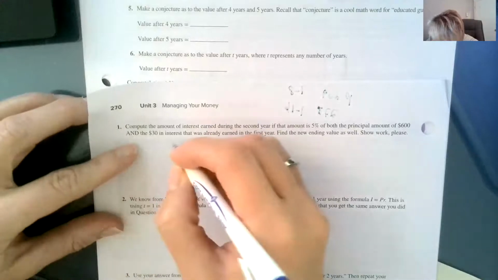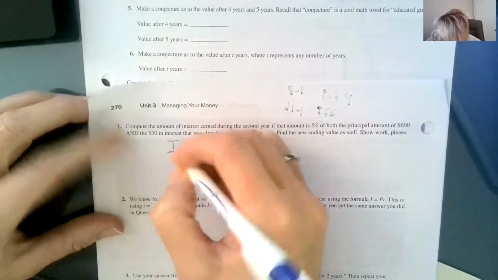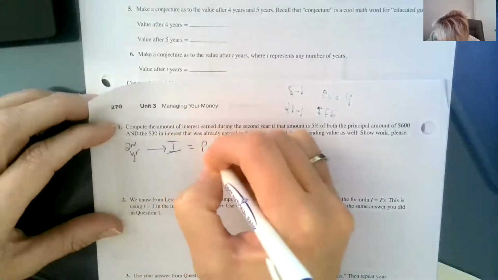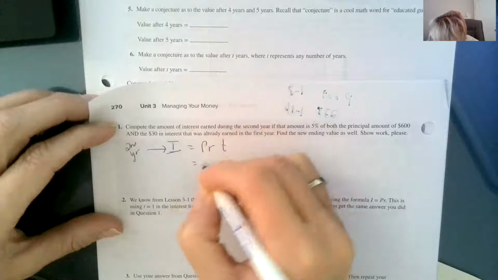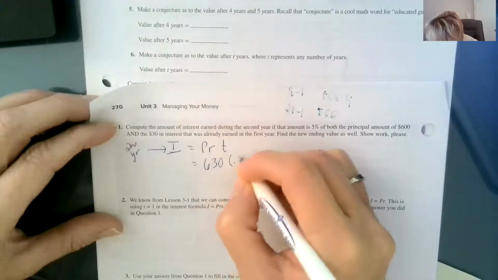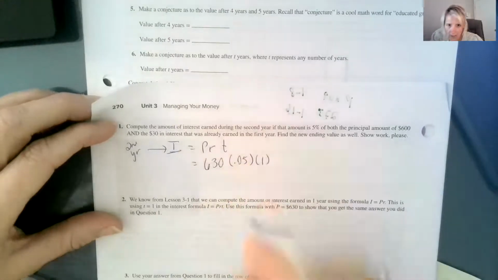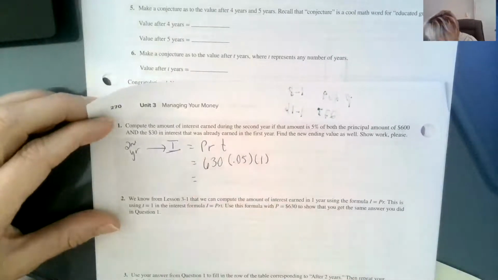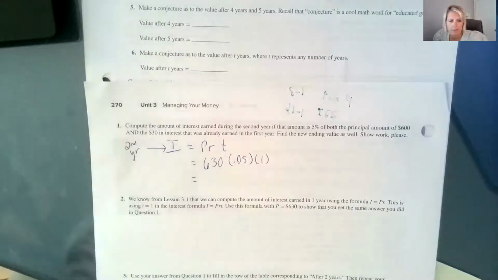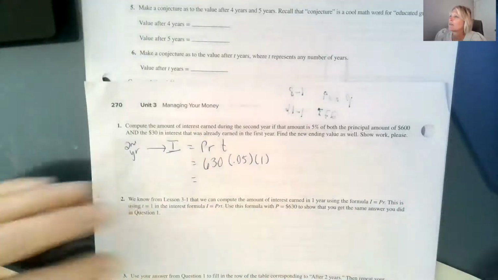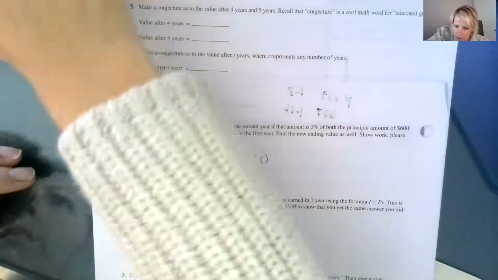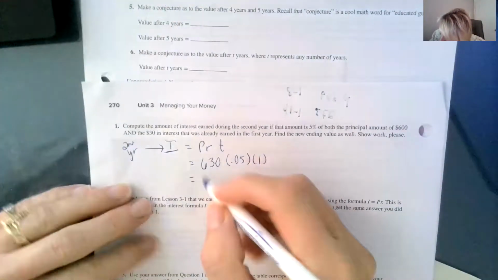So second year interest is our new principal, 630, times our 5%, times the 1 year, which is going to be the second year's interest. And that is going to be $31.50.